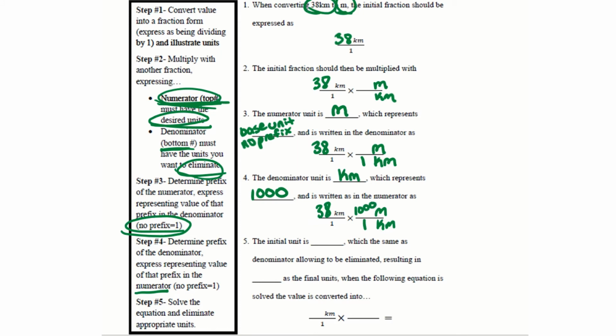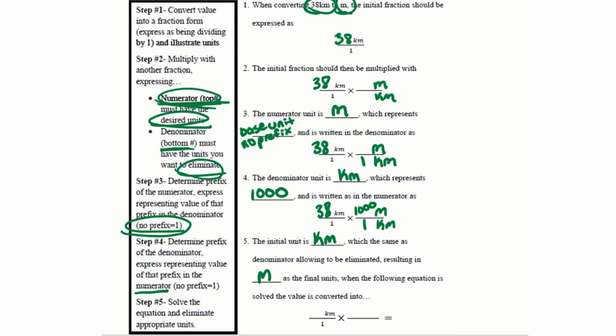Okay, step 5. Solve the equation and eliminate the appropriate units. Now, the initial unit is kilometers, which is the same as the denominator, allowing it to be eliminated, resulting in what units? Well, we're going to result in meters as my final units. When the following equation is solved, the value is converted into what?